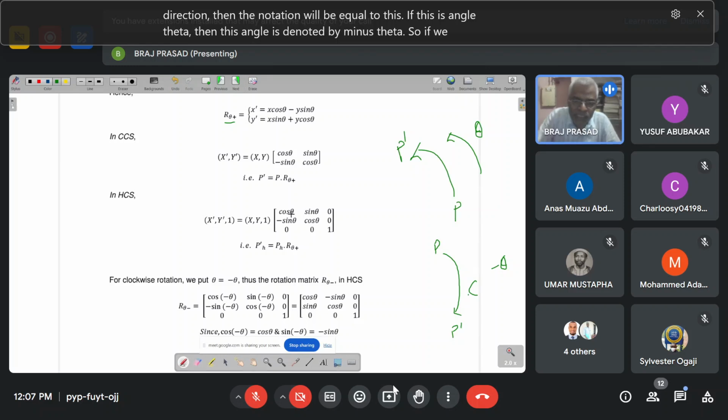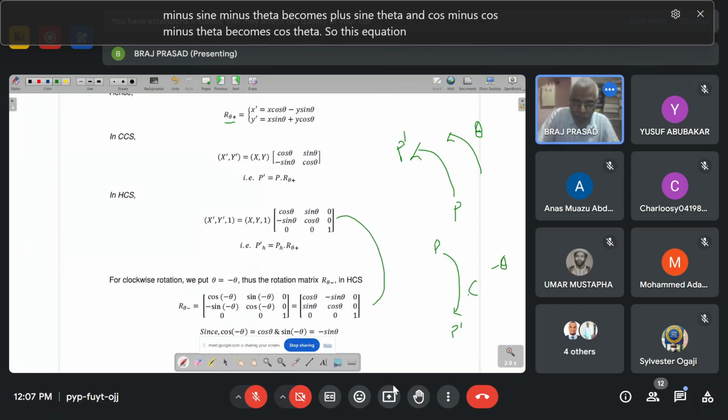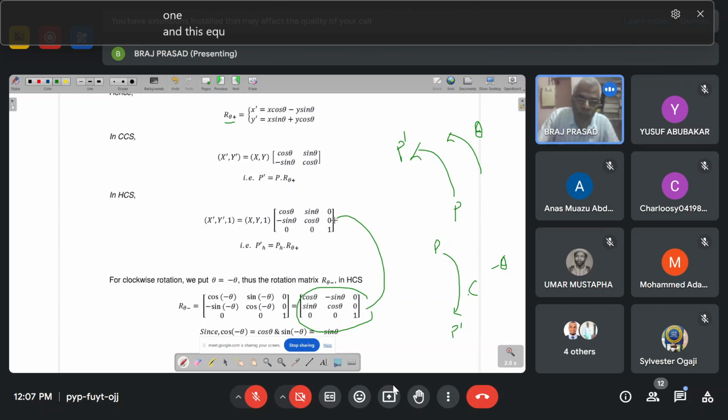So if we put a minus theta at this theta place in this equation, cos minus theta becomes cos theta, sin minus theta becomes minus sin theta, and minus sin minus theta becomes plus sin theta, and cos minus theta becomes cos theta. So this equation is for anti-clockwise, and for clockwise we will use this one. And this equation is obtained from this formula by putting minus theta in place of theta.